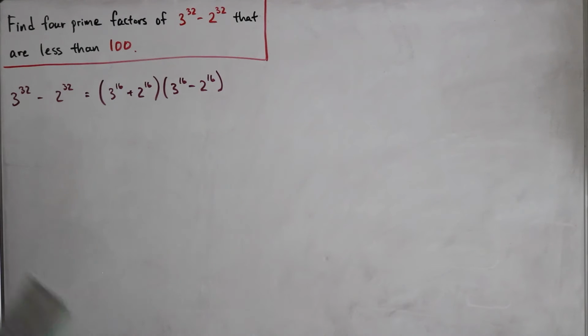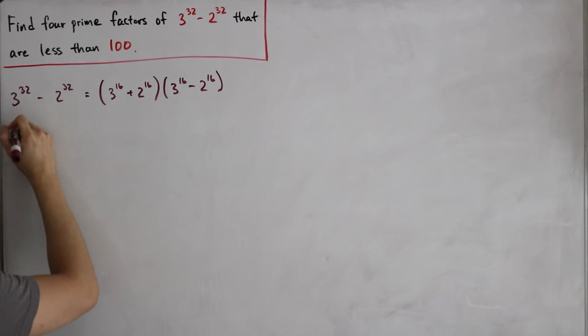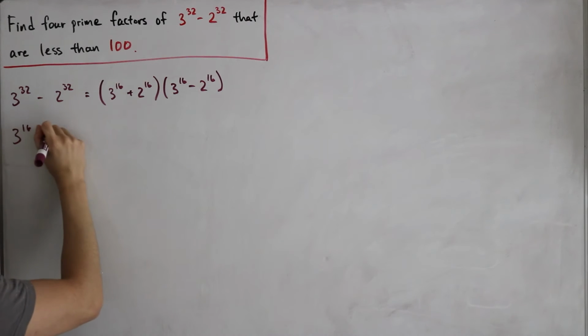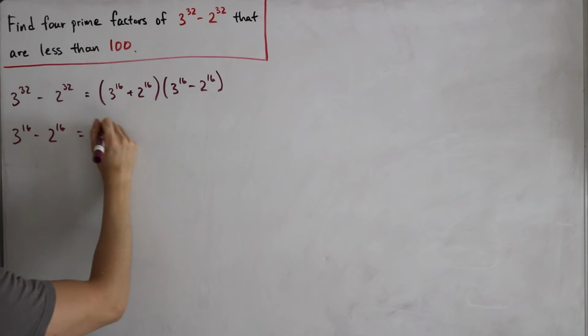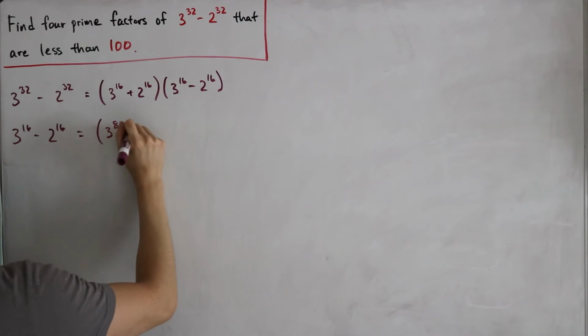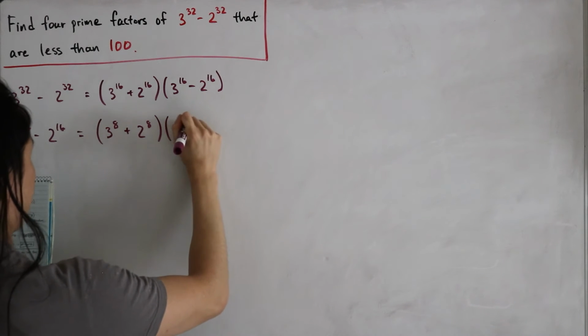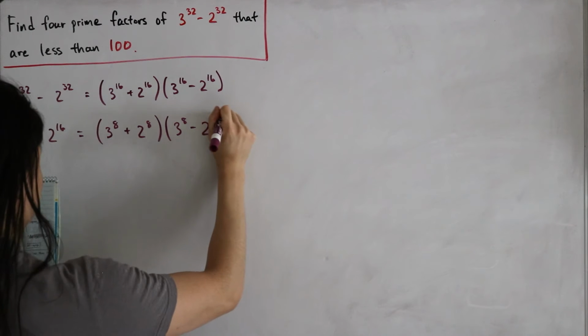Since we have this, let's perform another breakdown using the difference of squares formula. Then 3 to the 16th minus 2 to the 16th is equal to 3 to the power 8 plus 2 to the power 8, multiplied by 3 to the power 8 minus 2 to the power 8.